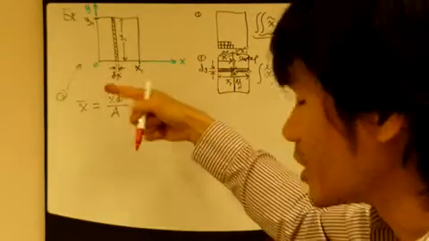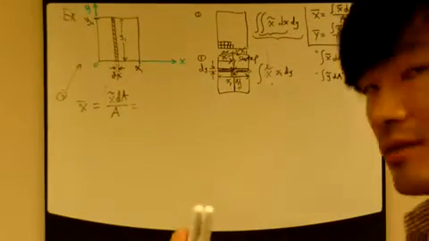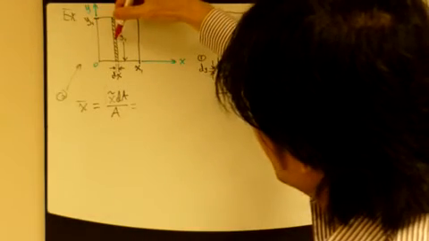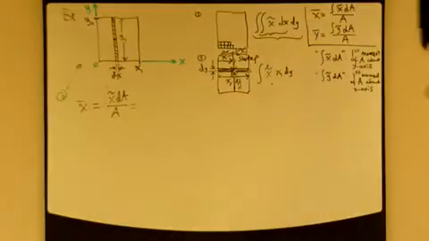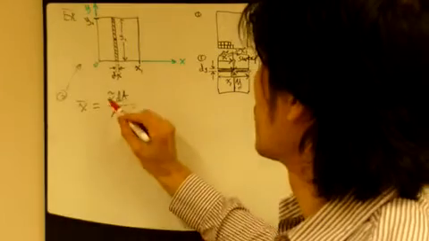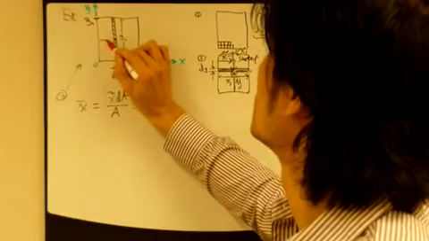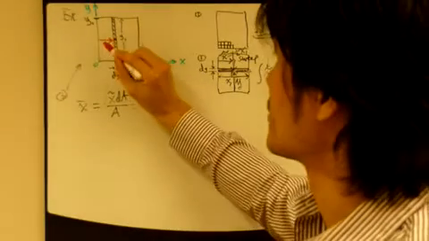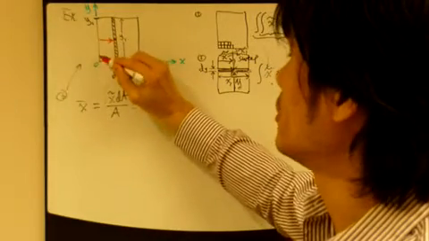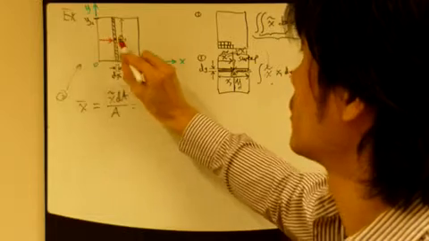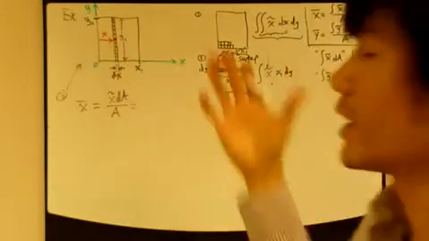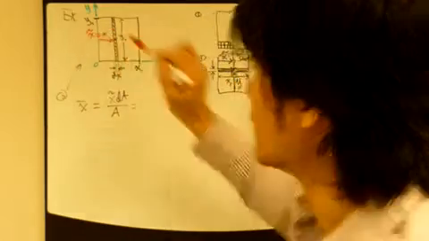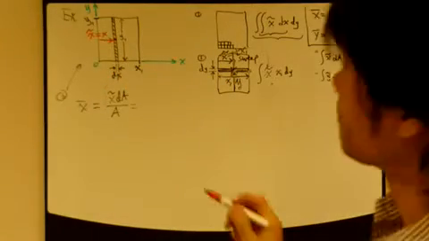Again, tilde means element. This little strip is my element, and the centroid of this guy is right in the middle. So the x tilde is this distance right here, measured from the x equals 0 location to this location, so this is simply x. So my x tilde is my x coordinate.